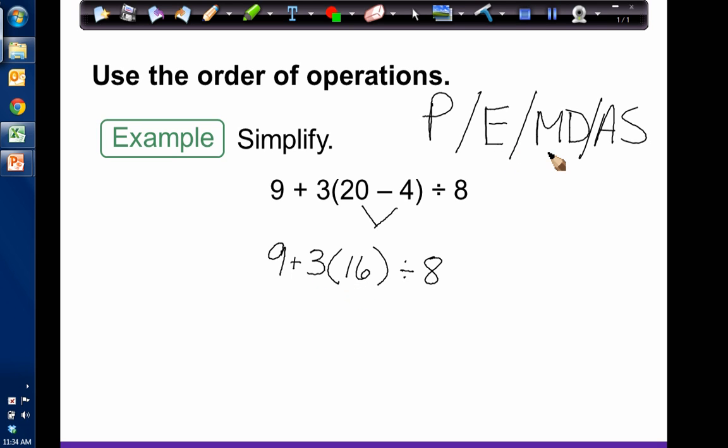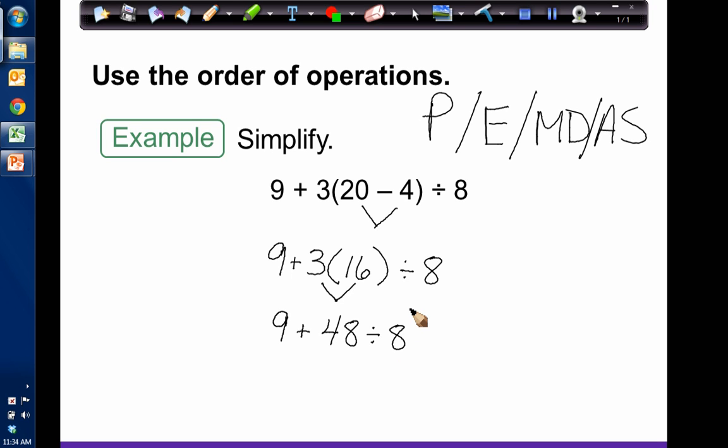So we're going to move on. There's no exponents, there's some multiplication and division. So we'll do that in order from left to right. So this is the leftmost multiplication. We're going to do that first. Let's copy down everything else. 9 plus 3 times 16 is 48 divided by 8.